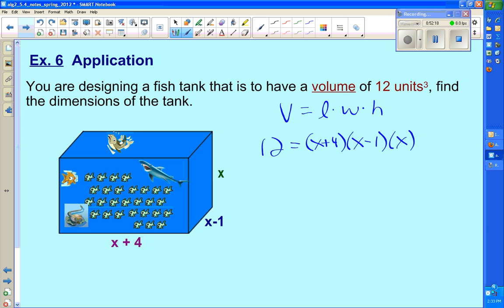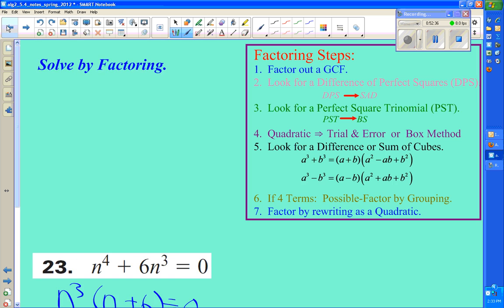Now here's the problem. In order to solve this, what are we supposed to do? What's the first thing you're doing if you're solving? What do we say to do when we're solving?